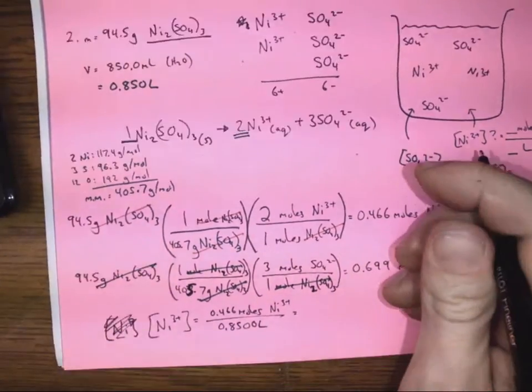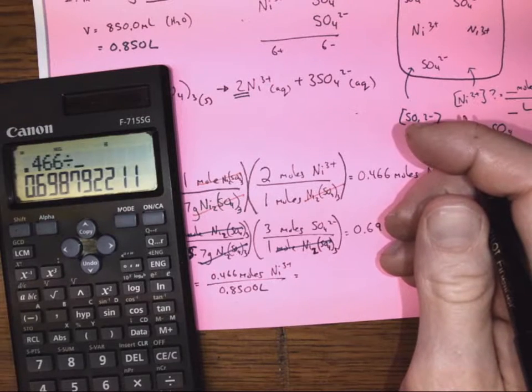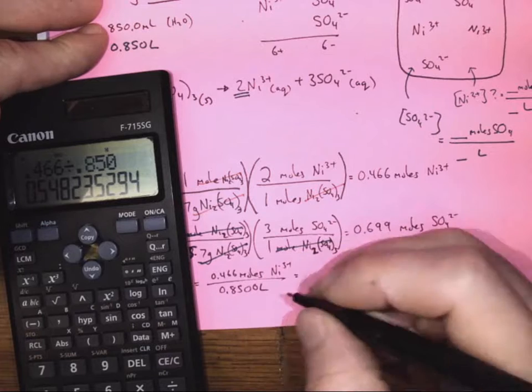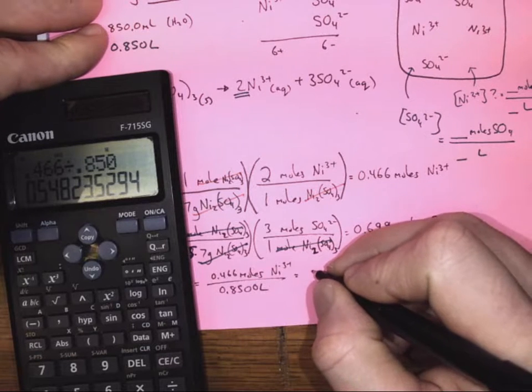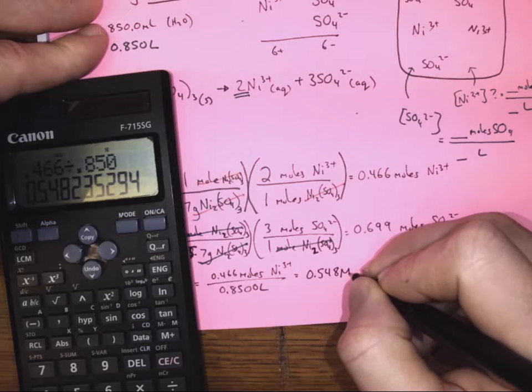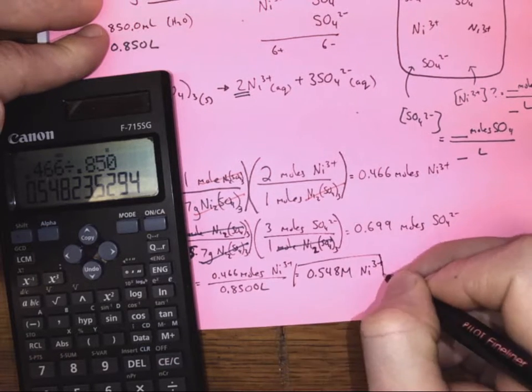And that is 0.466 divided by 850. I don't know why I put that 0 in there. The calculator doesn't know it's there. All right, that gives us 0.548 molar nickel 3 plus. That's one of our answers.